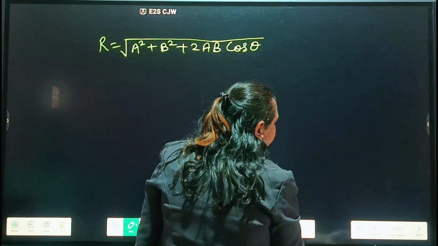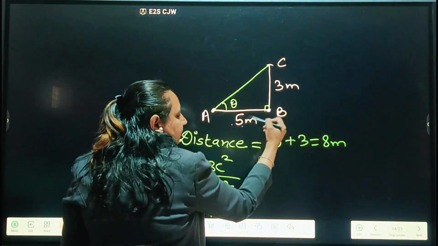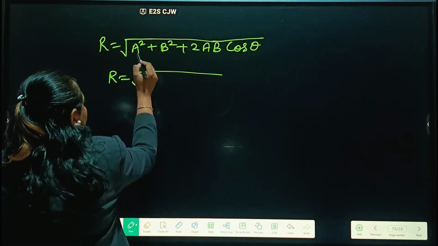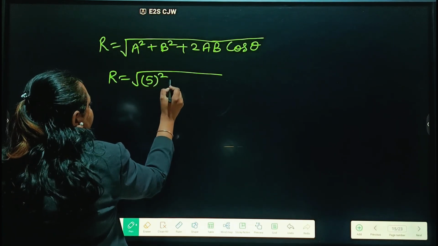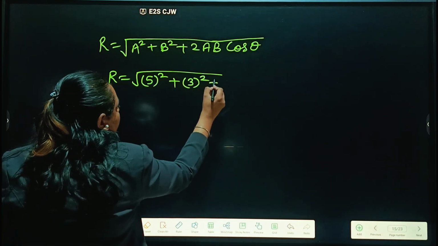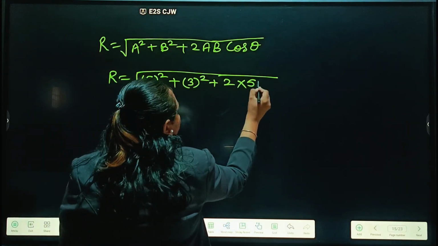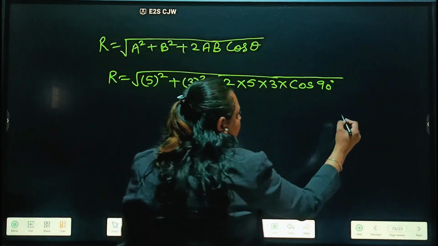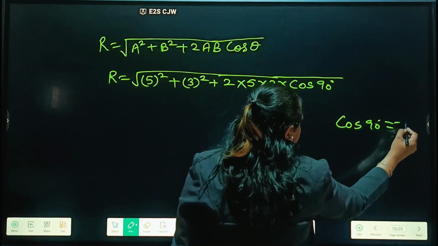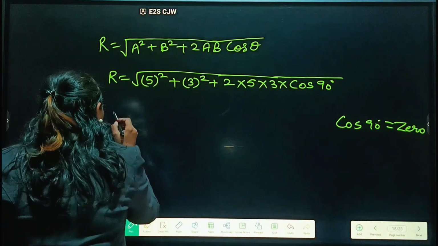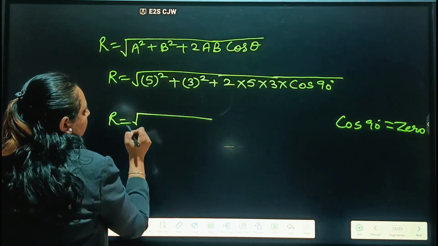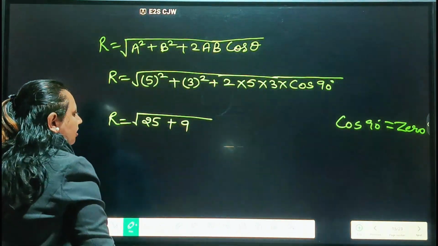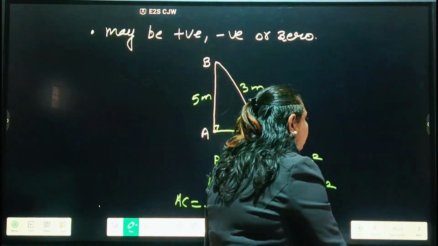They have theta 90 degree between them. ठीक है, so R is equal to root, the magnitude of A is 5 and B is 3, 2 into 5 into 3 into cos 90 degree, and cos 90 degree is equal to 0. Okay, so it is also the same. This component becomes 0, so it's 25 plus 9, same. Okay, that is root 34.